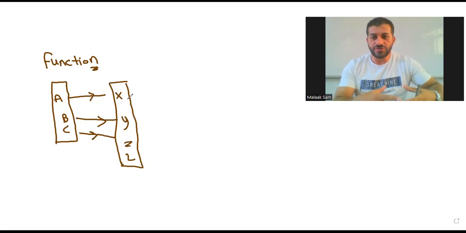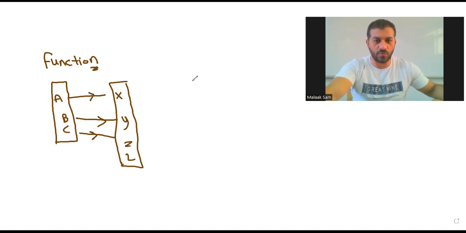Why? Because each element in X is related with an image in Y. For each element in X, there is an image in Y.